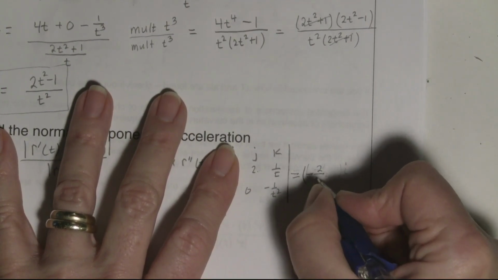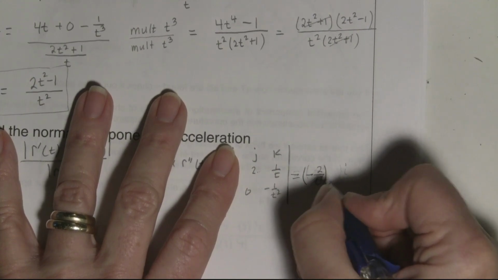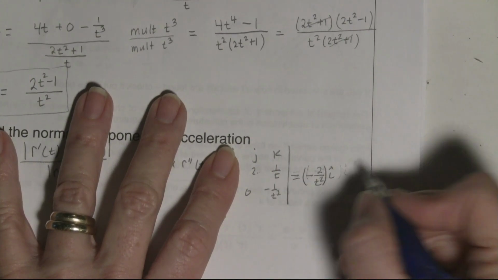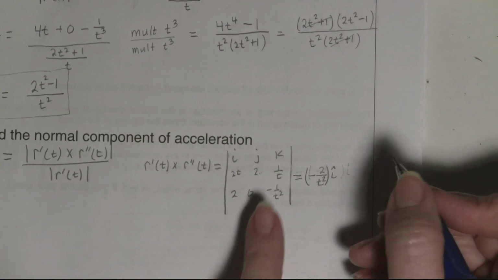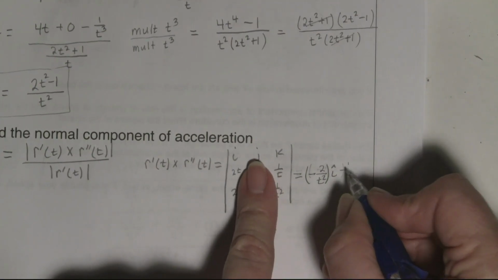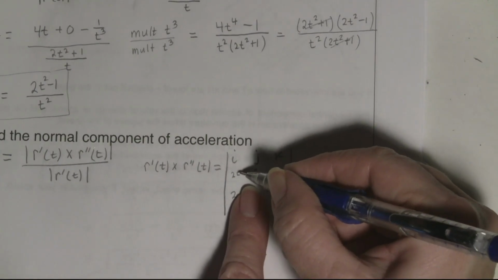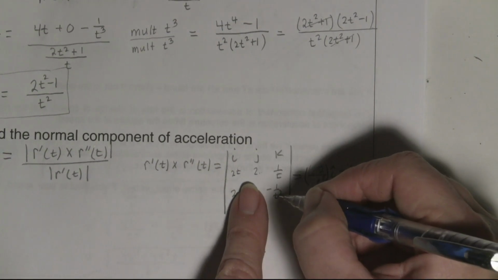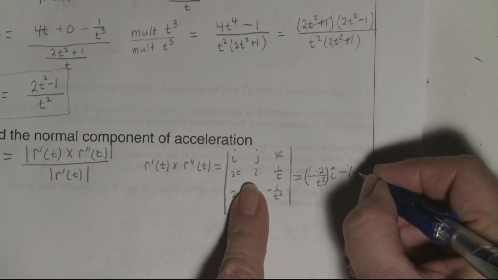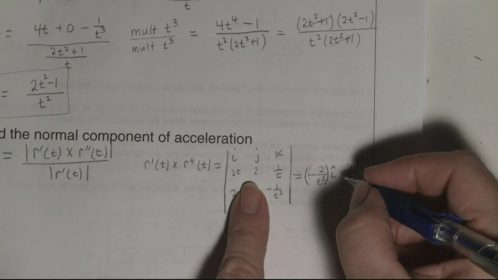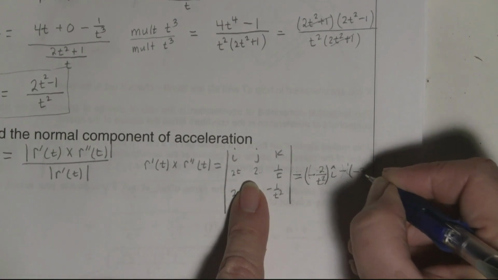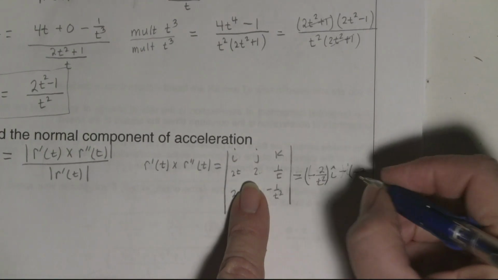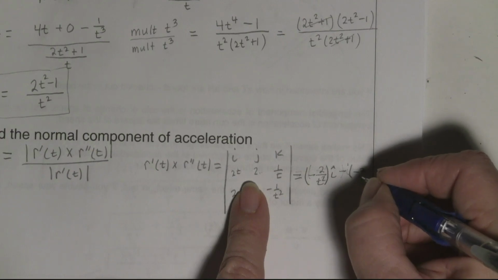Negative 2 over t squared i, minus, and then j. Now j is going to be both. So this is going to be 2t times a negative, so it's going to be a negative 2 over t squared, over 1t.